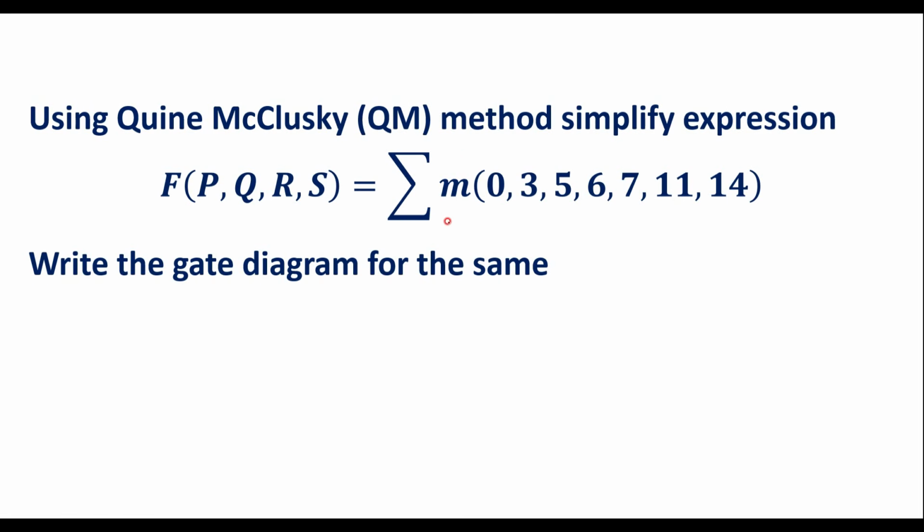So first let me write the given min terms in terms of binary. The given function is f, which has 4 variables, that is P, Q, R and S. Let me assume this is the MSB and this is the LSB.